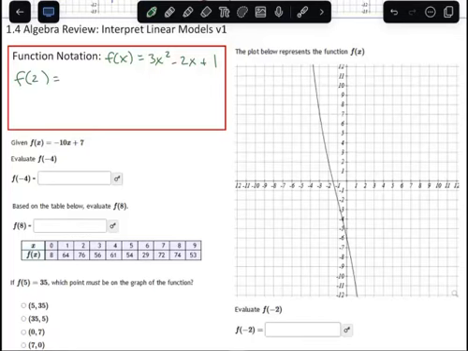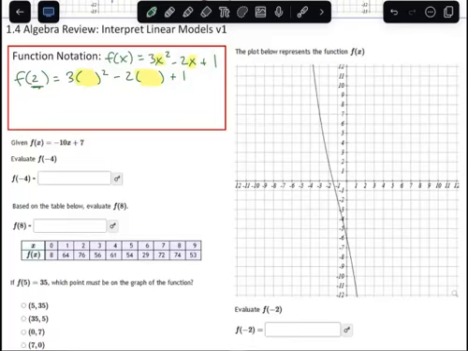So if I have f of 2, what that means is I'm going to take the original equation, 3x squared minus 2x plus 1, and I'm going to write it out. Everywhere there's an x in the original equation, I'm going to use that as a placeholder for whatever value is written inside my parentheses.